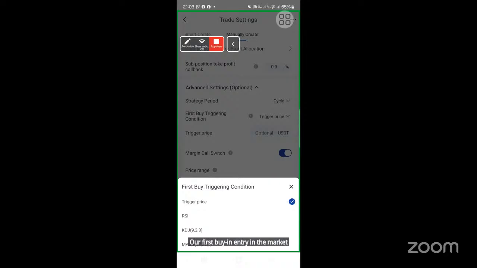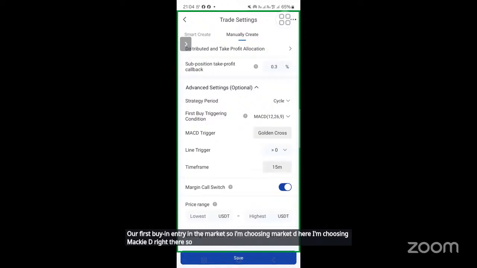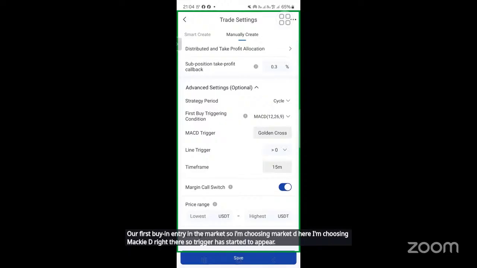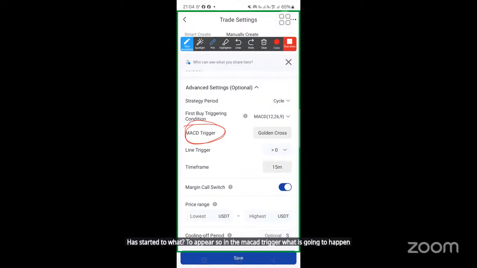So I'm choosing MACD right there. So the MACD trigger has started to appear.